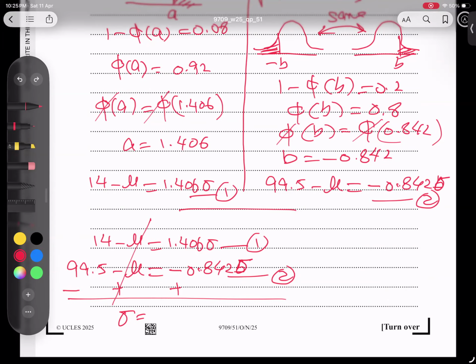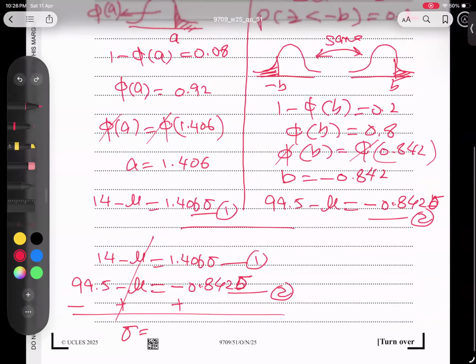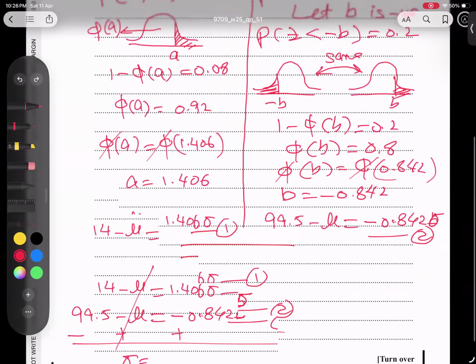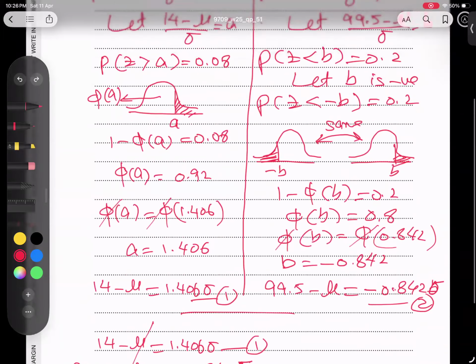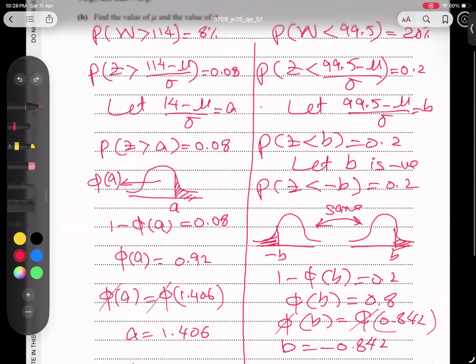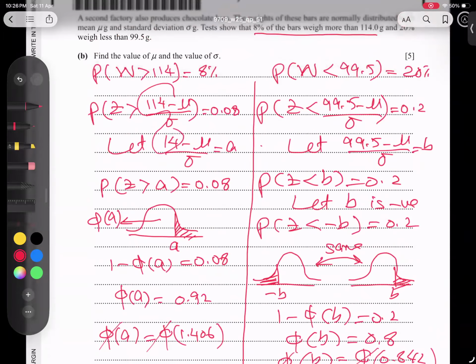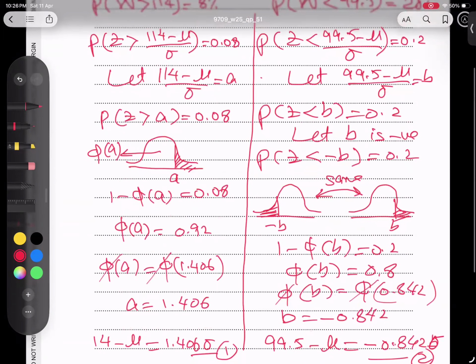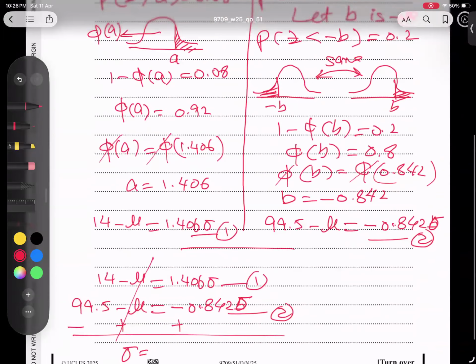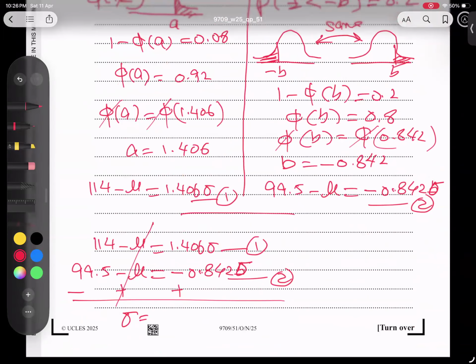Okay, and divide by 1.406 plus 0.842. Oh, I think we're getting a very different kind of number. Yeah, this is 114, sorry. That is why we're getting a very awkward kind of answer, because deviation has some fixed criteria. Okay, 114. Now getting the correct answer.